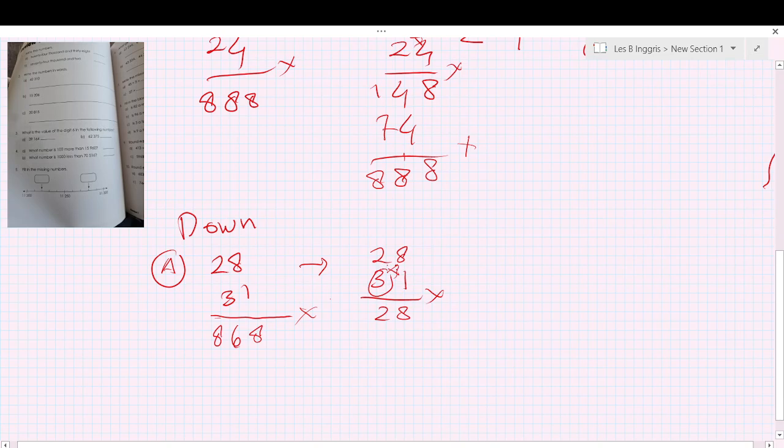So that is 8 times 3, you got 24. Keep the 2 beside, and 2 times 3 is 6, and plus 2, you got 8. So it is 868. Okay, that is correct.